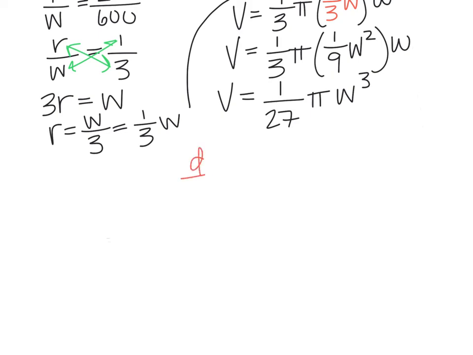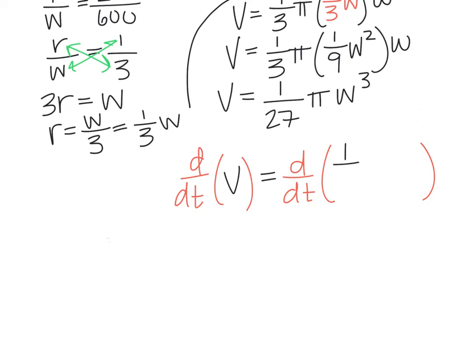So I'm taking the derivative of the left side of volume, and then I'm taking the derivative of this right side, which is the derivative of 1/27 pi w cubed. So the derivative of volume with respect to t will be dv dt.